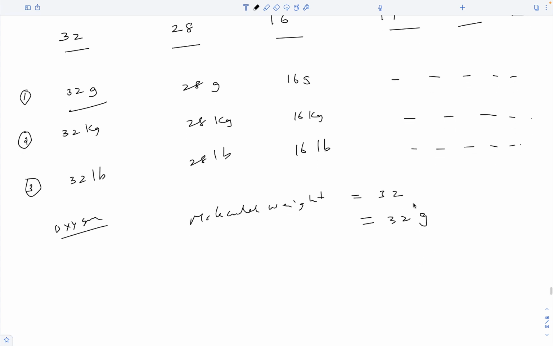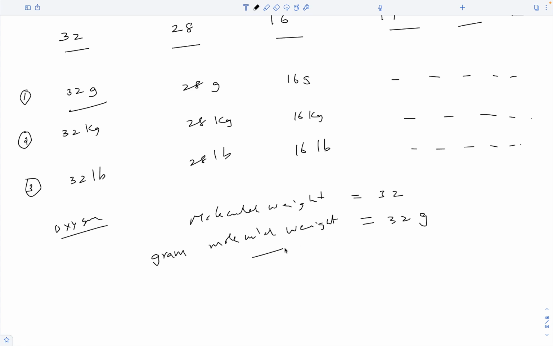So, we simply added the unit gram to its molecular weight or relative molecular mass. To represent this particular mass of oxygen, let us create a name by adding the word gram to the left hand side as well. Then we will have gram molecular weight.